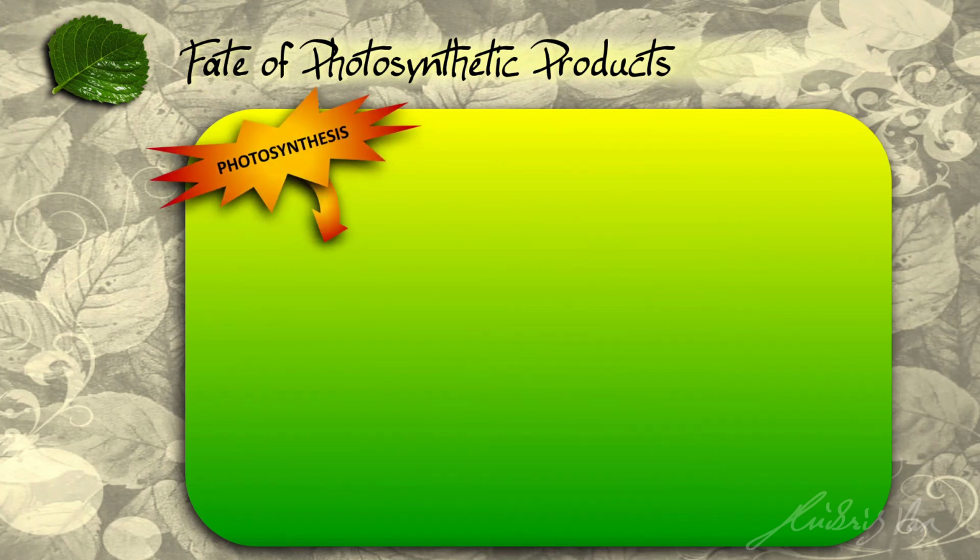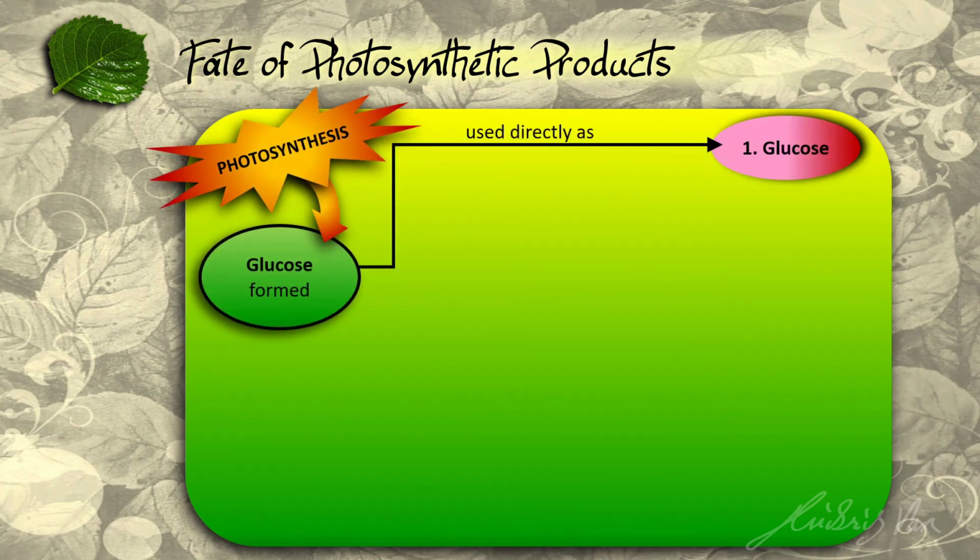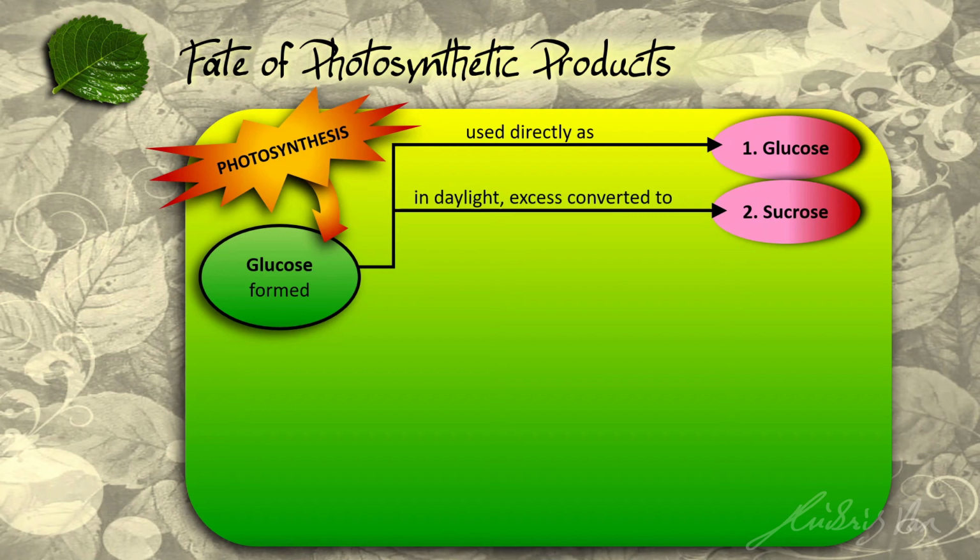So now that the plant have produced the glucose, what does the plant do to the glucose? So the glucose, of course, it can be directly used for respiration. Then in the daylight, when there's more than enough glucose, the glucose is being converted into sucrose.